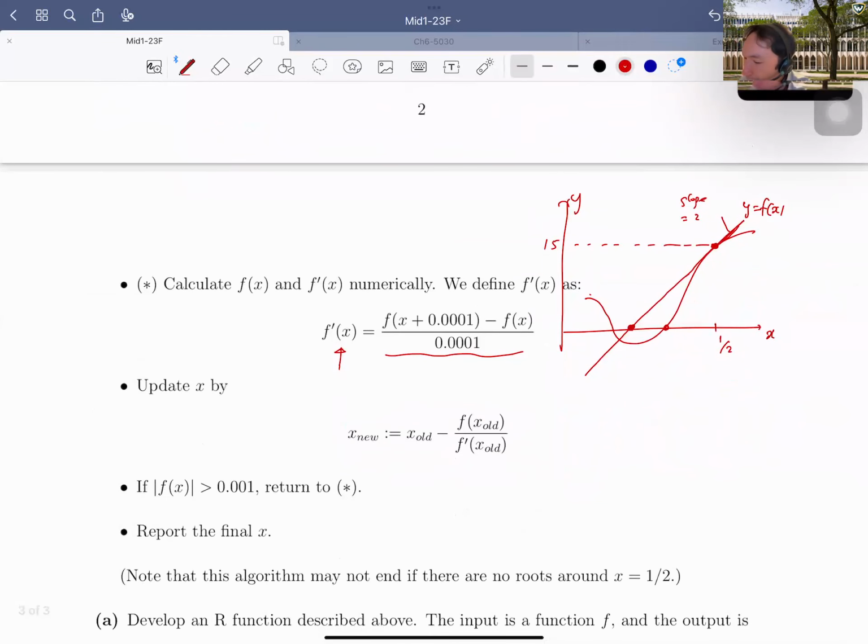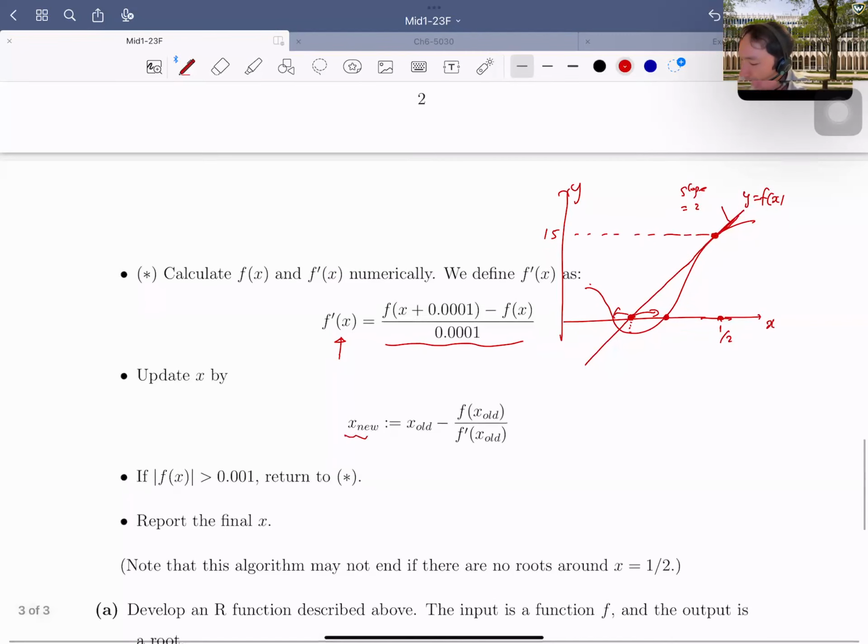Then we update this one. We start with x equal to 1/2, but the next one is here, slightly closer to the solution. Then again we compute the slope. Maybe here the slope is almost 0, so it's a little bit of a problem. But we continue this procedure to approach some solution, some root of f(x).